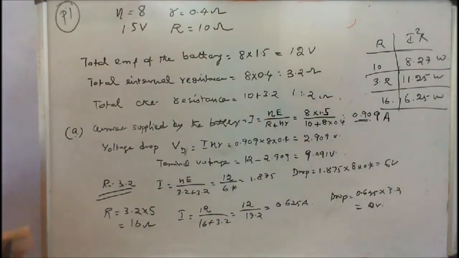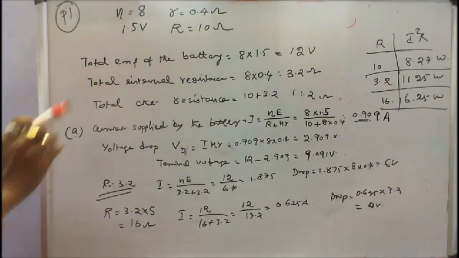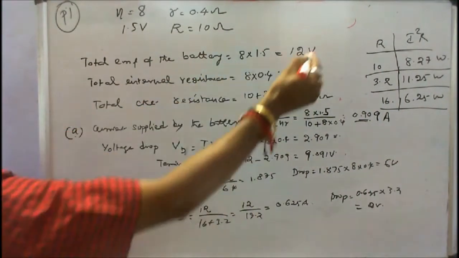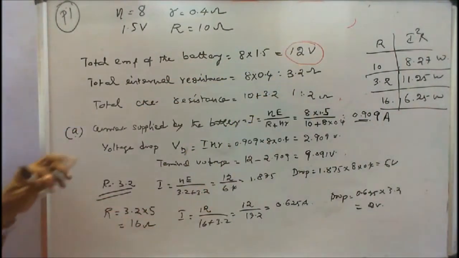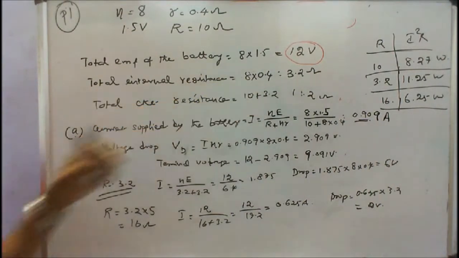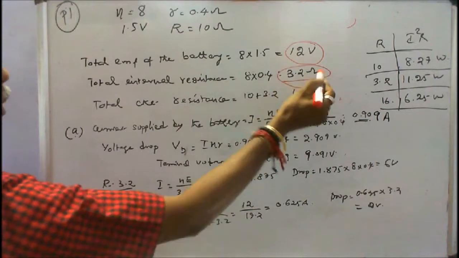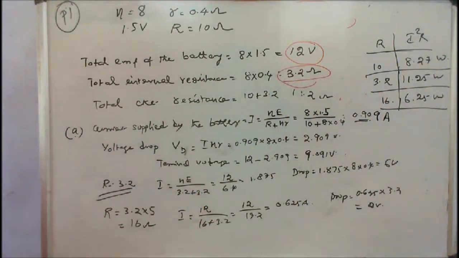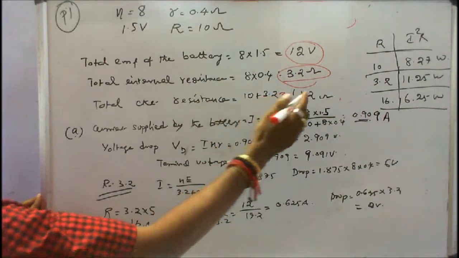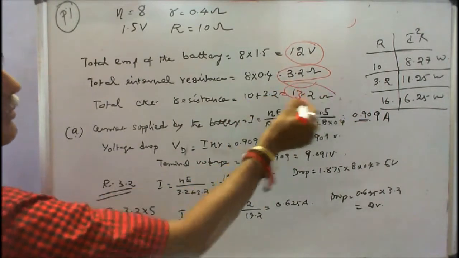All the values are given. Now the total EMF is equal to 8 into 1.5, that is equal to 12 volts. Total internal resistance is equal to 8 into 0.4, that is equal to 3.2 ohms. Total circuit resistance is 10 plus 3.2, that is 13.2 ohms.